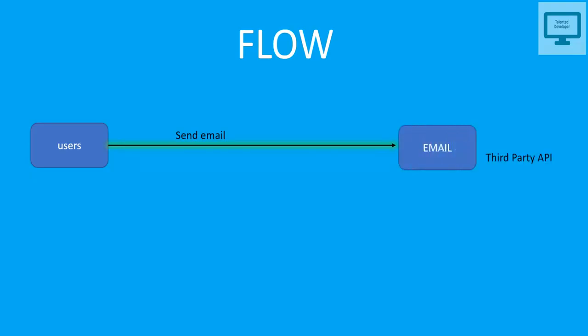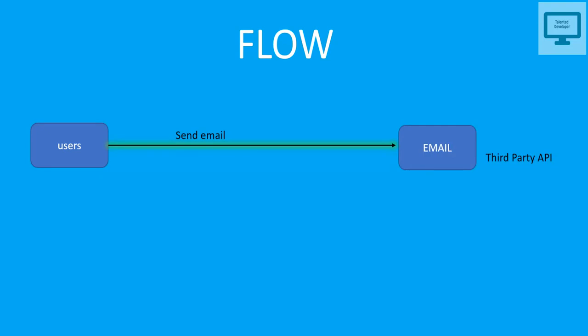So what will be the flow? Just imagine you have an application, okay? In that application, a user can send mail, and you have integrated a third-party API.